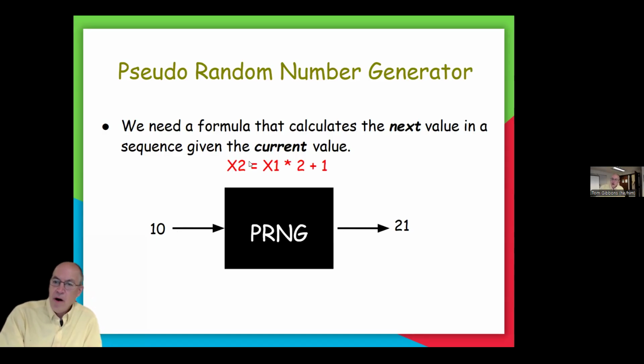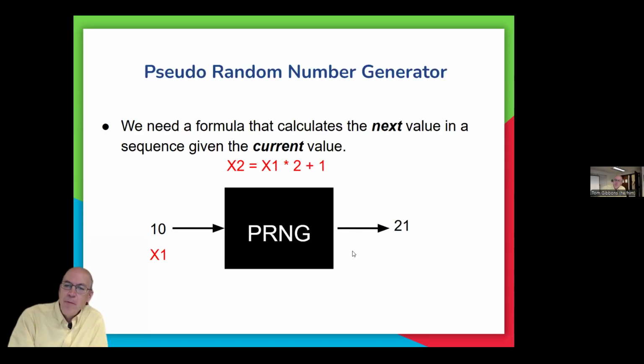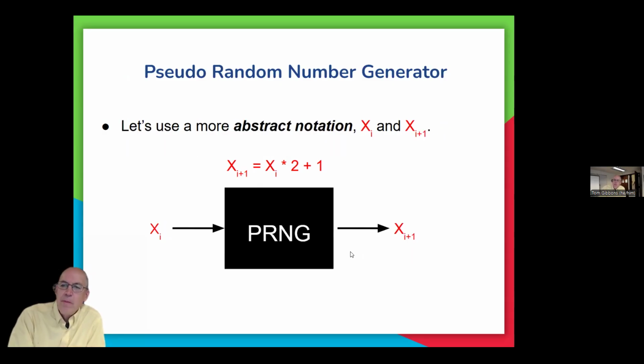A simple way of doing this is we take the old random number, 10, multiply it by 2, and add 1. So 10 times 2 is 20, plus 1 is 21. Then we can take that number and do it again.